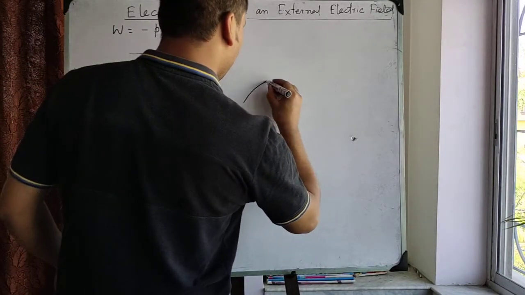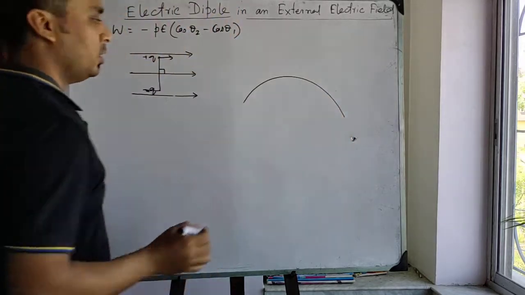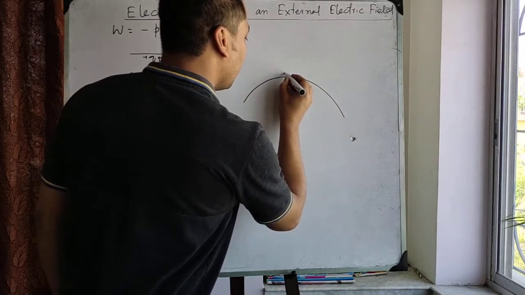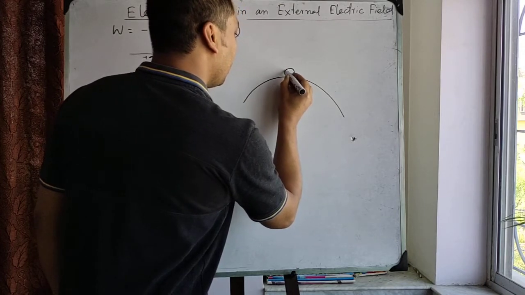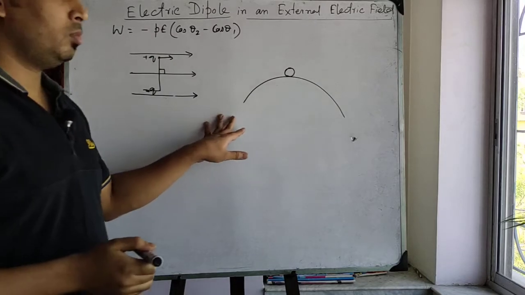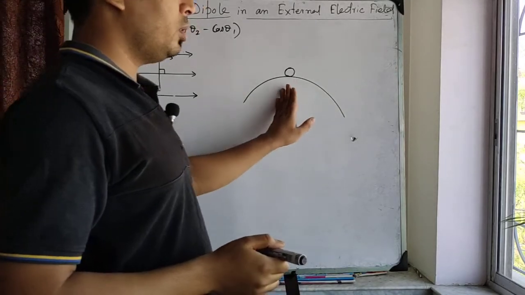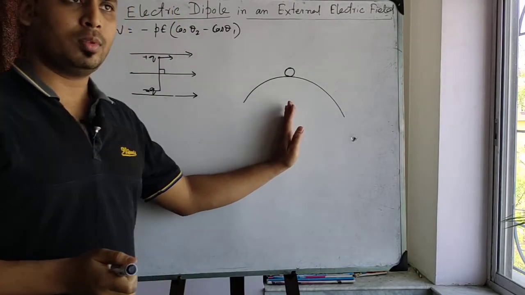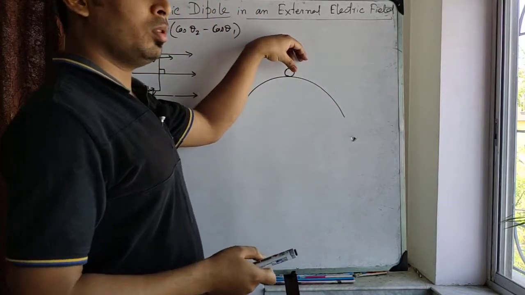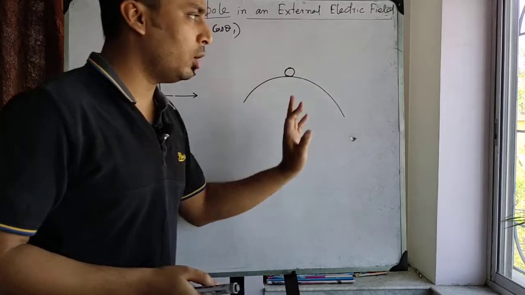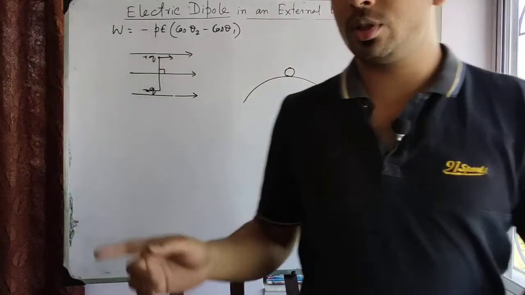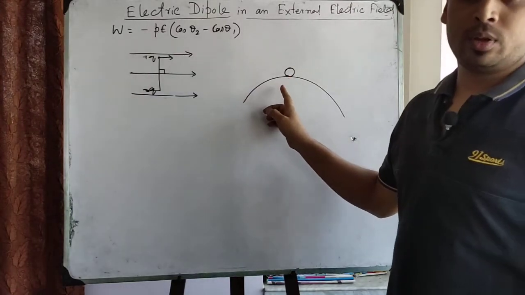Suppose the container is placed in this way, and you put the ball here. It will remain in equilibrium. That is, you can keep the ball here. But if you disturb the ball a little bit, it will never come to this position again.